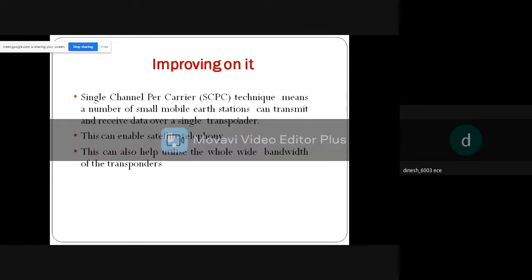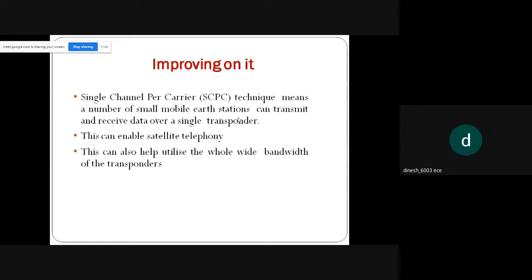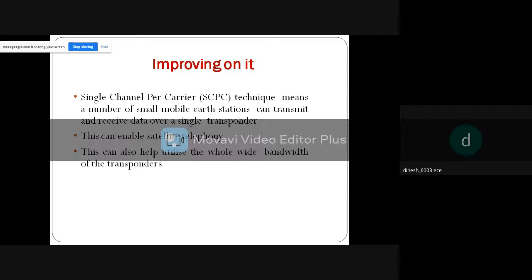So a single channel per carrier, this SCPC technique, will have a number of small mobile earth stations that can transmit and receive data over a single transponder, which will enable satellite telephony. This can also help utilize the whole wide bandwidth of the transponder efficiently.